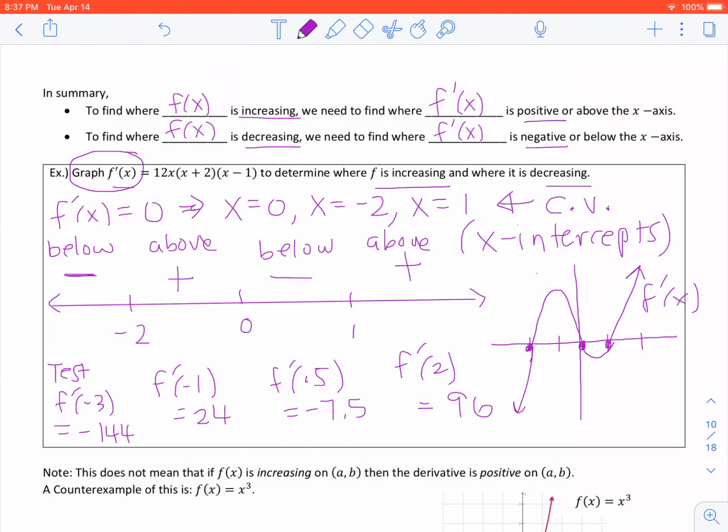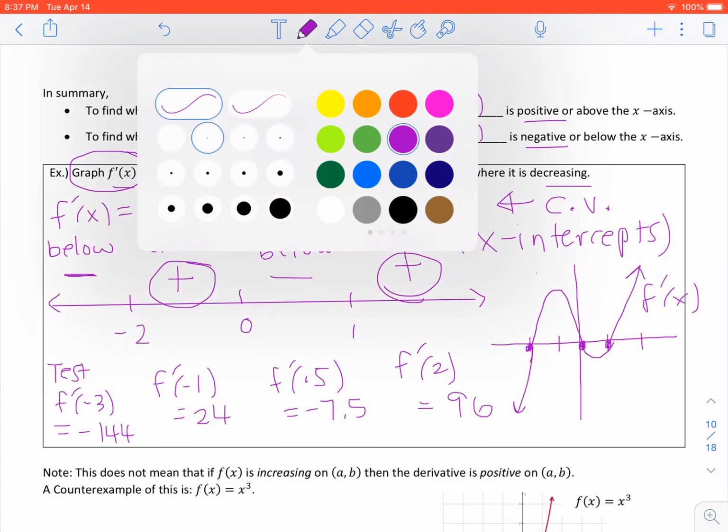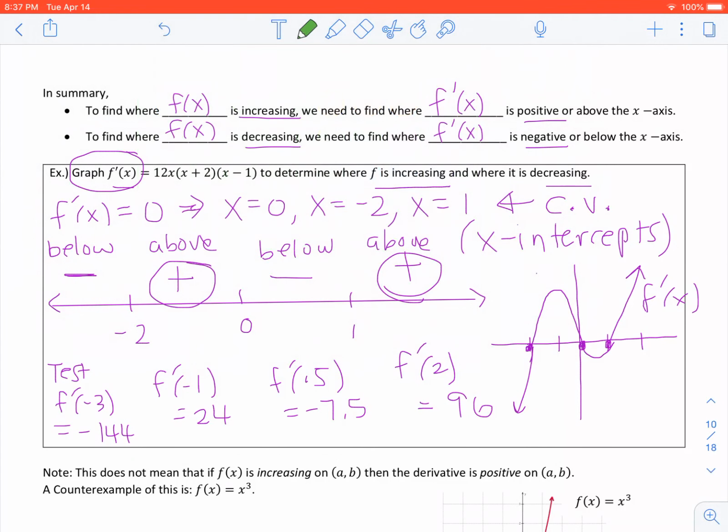Okay, it also asks for where our function is increasing. And the function is increasing where we have a derivative that is positive, which is here and here. So f is increasing from -2 to 0, union 1 to infinity.